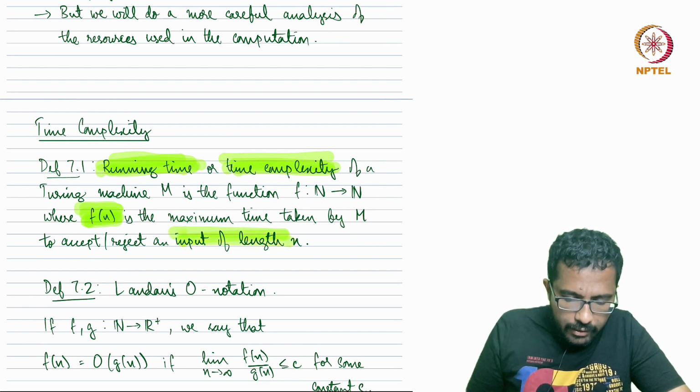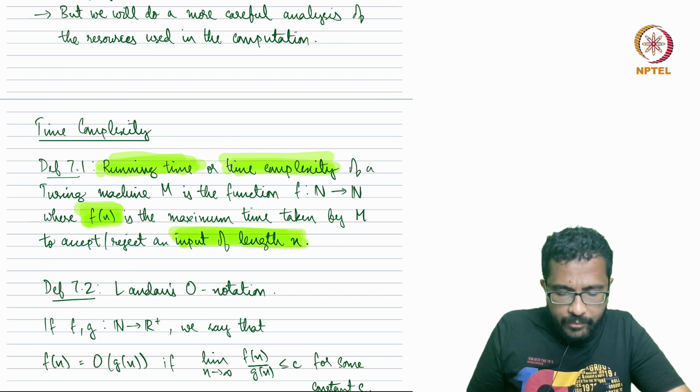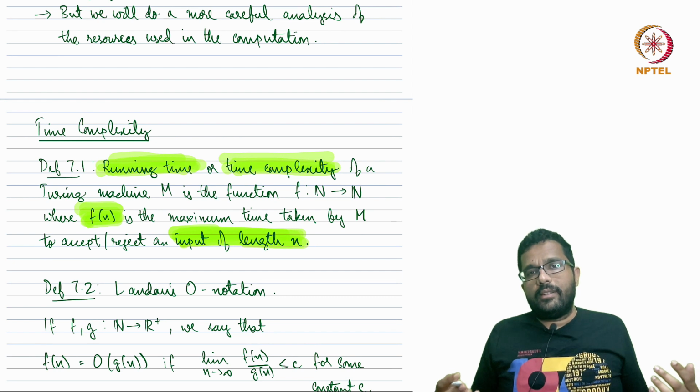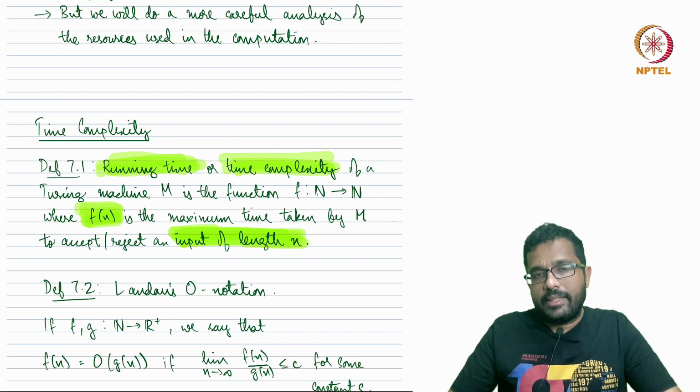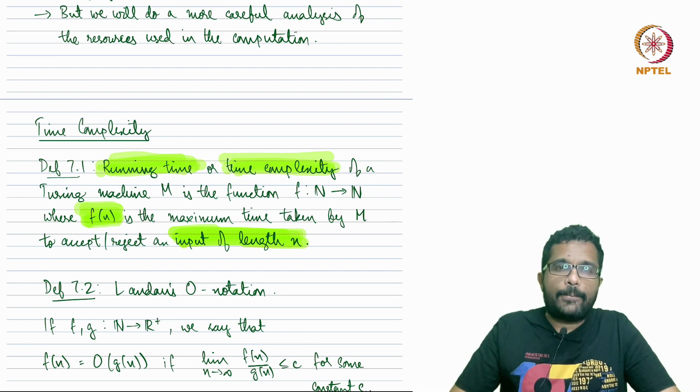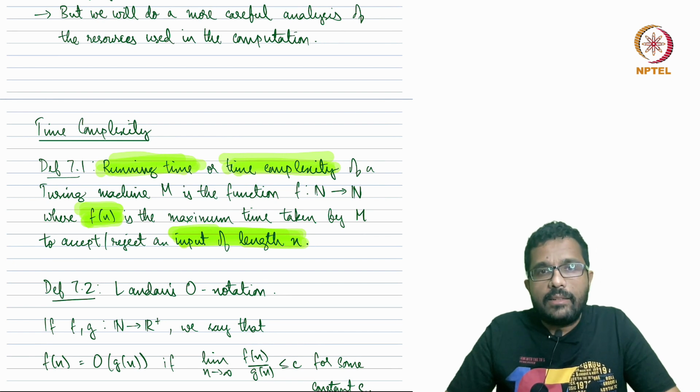So the running time is specified in terms of the length of the input. A longer input may take a longer time to decide, a shorter input may take less time. That's the rationale for viewing it as a function of the length of the input.